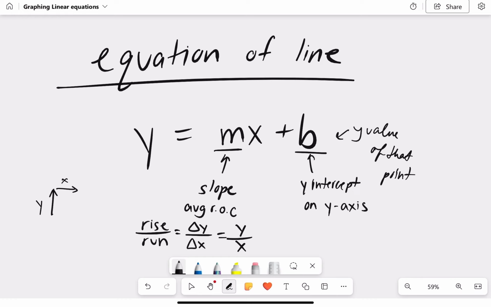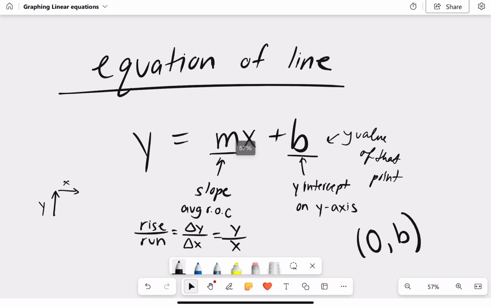And it guarantees that when we see a number, or we don't for b, we know that that point always starts with an x of 0, and b is the y value. Okay, now that we're familiar with the equation of a line, let's get into our first example.